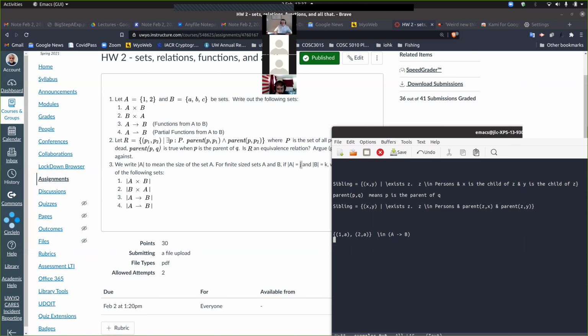But there are a lot of other things in A arrow B, like 1 comma A, comma 2 comma B. That's also in A arrow B. And so in the end, A arrow B is a set.